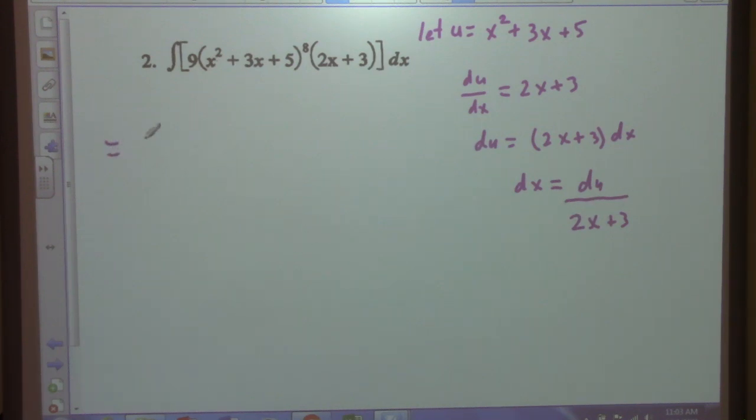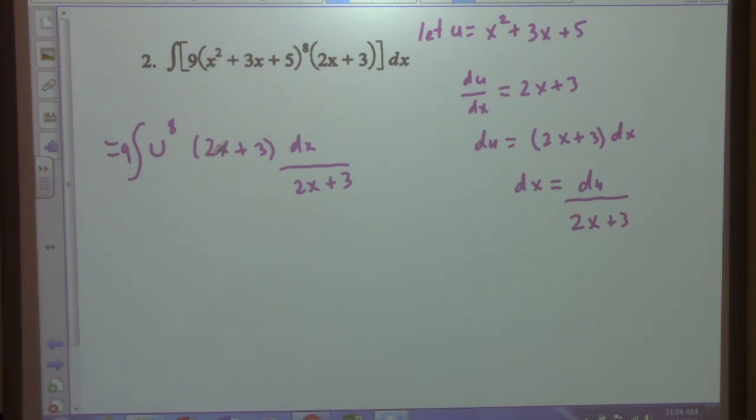So now you're ready to go ahead and reassemble this thing here. And I'm going to put this 9 right out here, park it on the outside. In here, we're going to have u to what power? Since that is u, this is going to be u to the 8th. Then we're going to have 2x plus 3, and then we're going to substitute dx with du over 2x plus 3. What did you cancel out here?